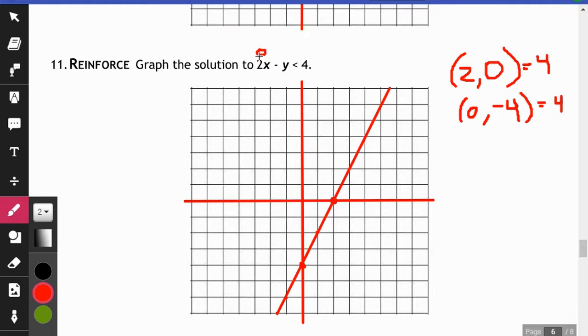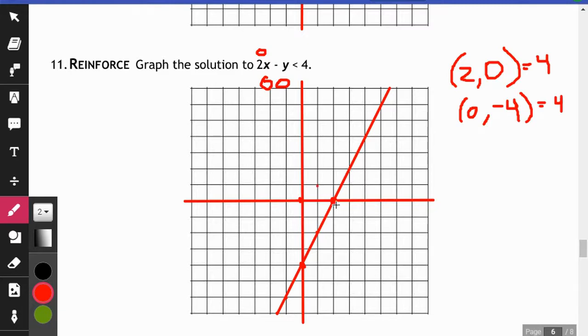Okay, now we just have to find points on one side or the other of it that work. So we want it to be less than 4, right? 2x minus y less than 4. So let's try making them both be 0. Will that be less than 4? Sure will. So this point works. What if x was 1 and y was 1? 2 times 1 is 2, minus 1 is 1.